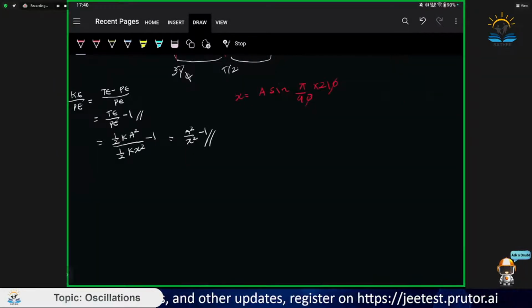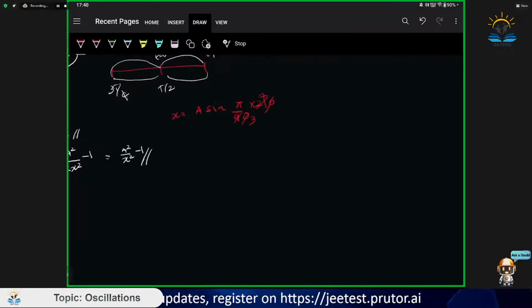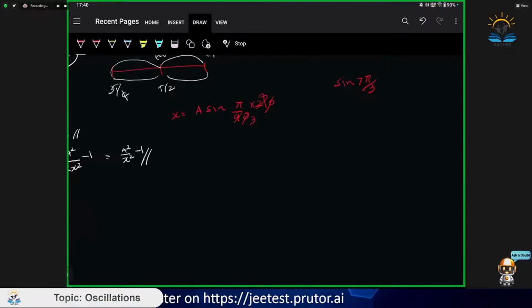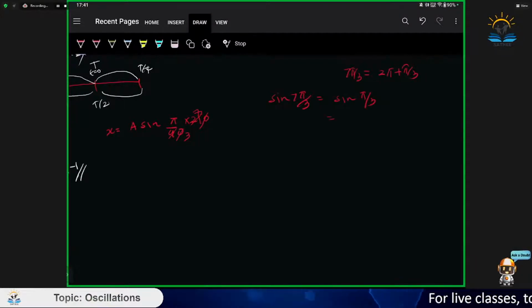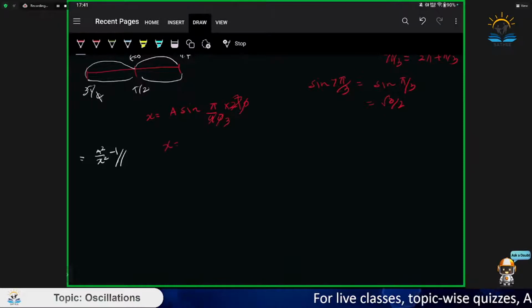So we have to find out sine 7 pi by 3. We can write 7 pi by 3 as 2 pi plus pi by 3. So it is in the positive quadrant. So sine 7 pi by 3 will be equal to sine pi by 3. What is sine pi by 3? Root 3 by 2. So x is equal to a root 3 by 2.